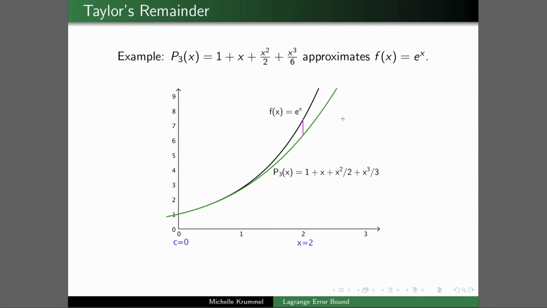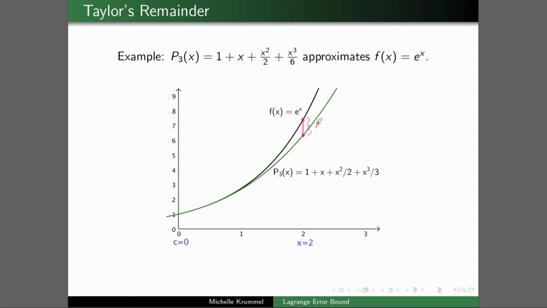Let's consider a graphical representation of our problem. We have the graph of our function f of x equals e to the x, and the graph of our third-degree Taylor polynomial p3 of x. This vertical distance between the actual value of the function e to the x and the value given by our model is the amount of error.